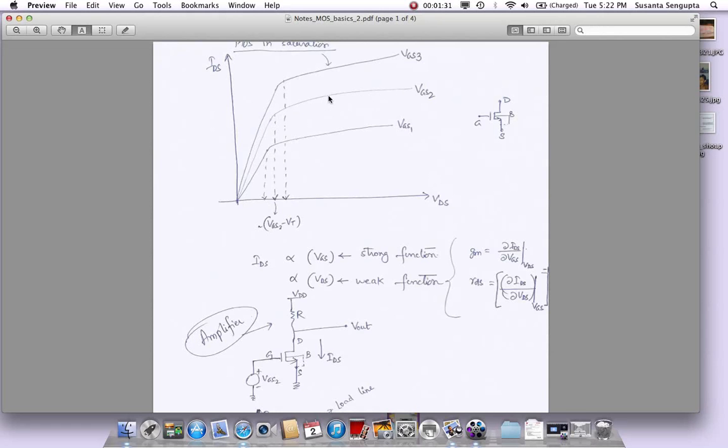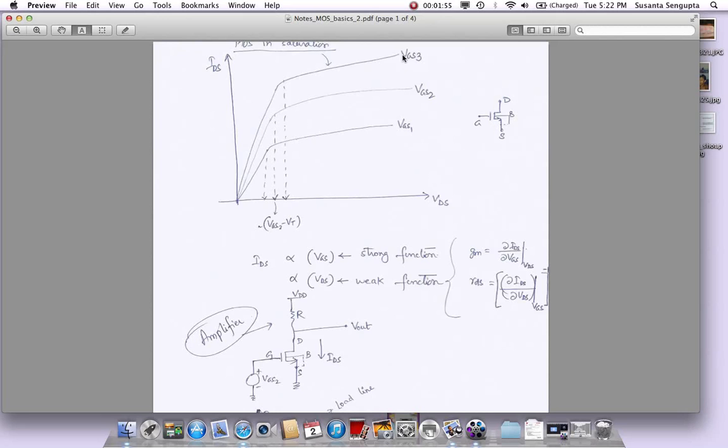So this is a plot that you get for a particular VGS value, let's say VGS2, as a DC voltage. But if I lowered the gate to source, we will get similar kind of plots where this knee, this turning around point, will happen at VGS1 minus VT. This will be the point, below which it's a linear region and above it it's a saturation region.